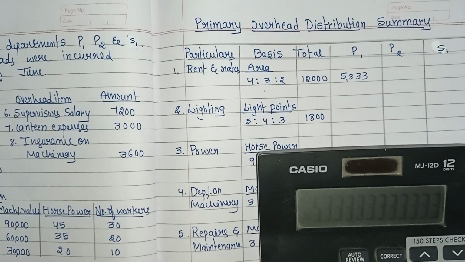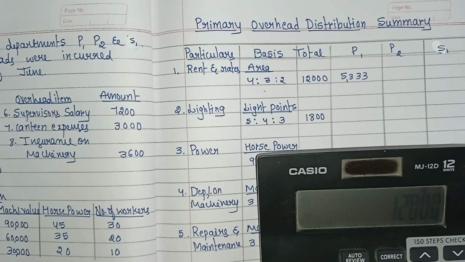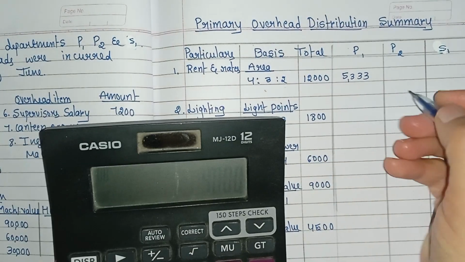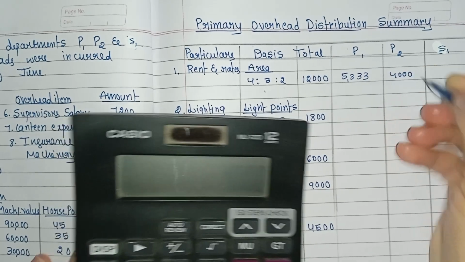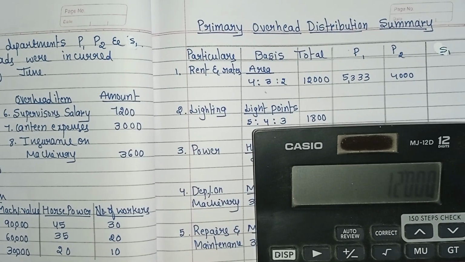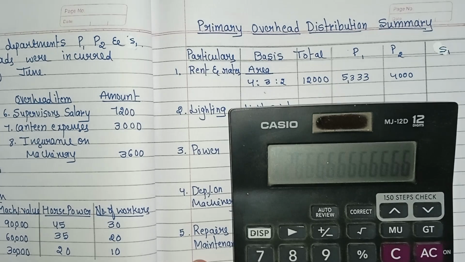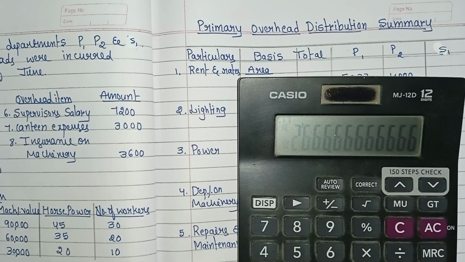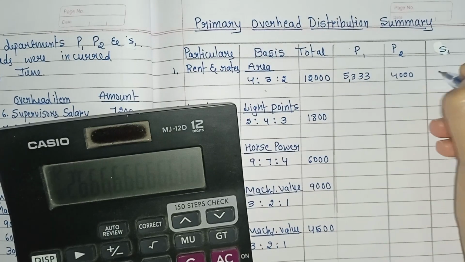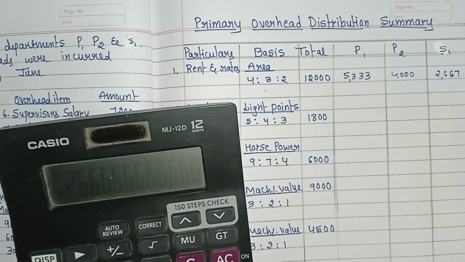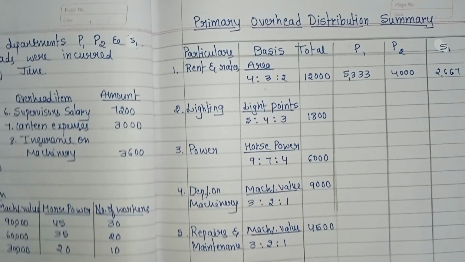And P2, that is 12,000 into 3 divided by 9, that is 4,000. And the next one, 12,000 into 2 divided by 9, that is 2,667. Are you able to see, right? In this way we need to apportion.